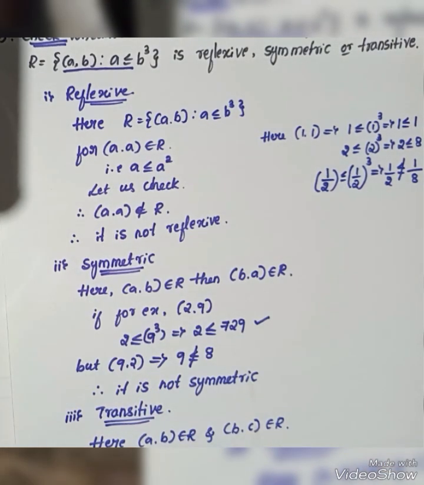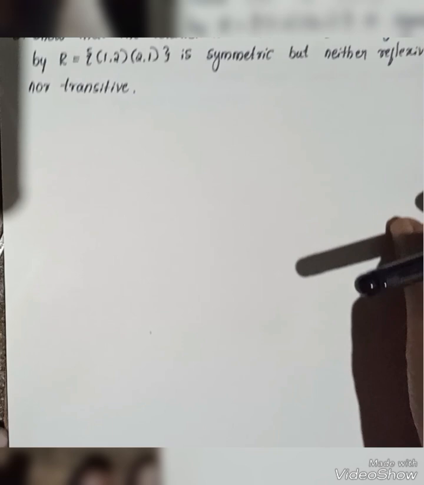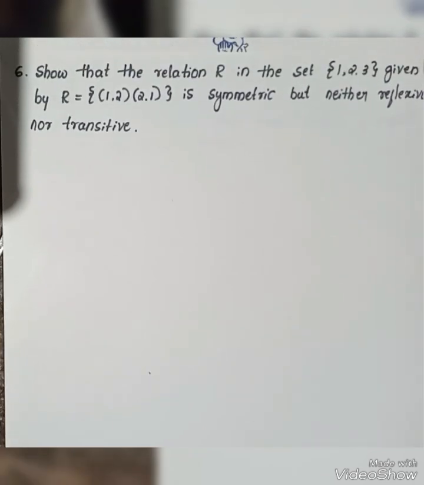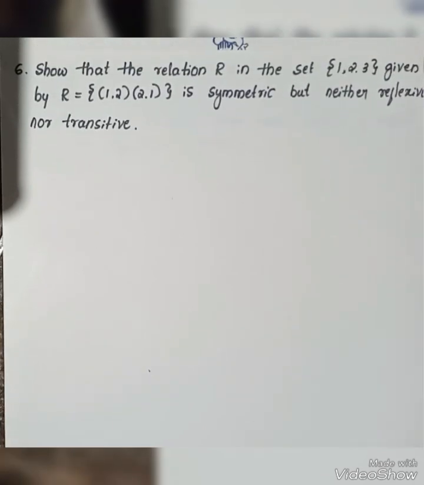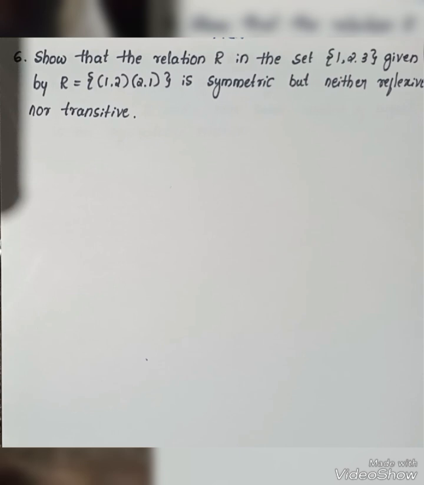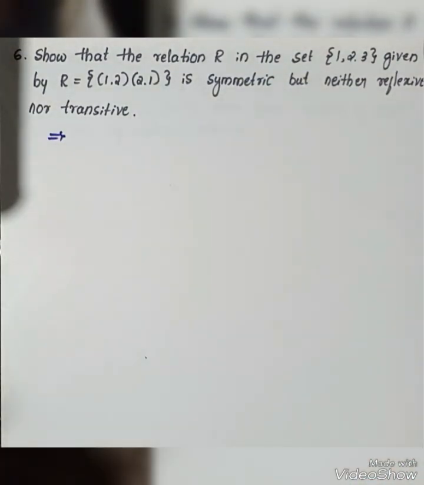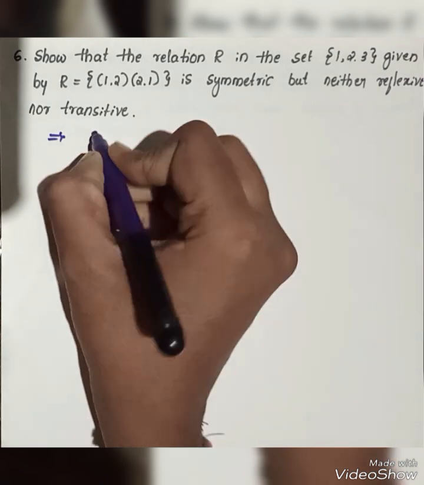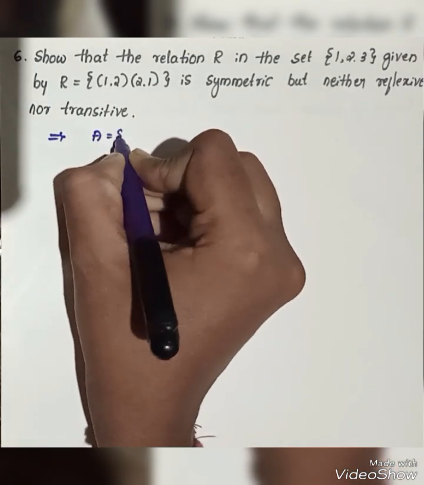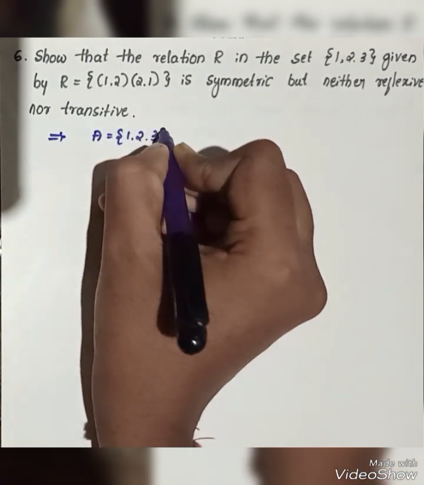Next one is the smallest one and the last question for this session. Show that the relation R in the set {1, 2, 3} given by R = {(1, 2), (2, 1)} is symmetric but neither reflexive nor transitive. While seeing an example, simply we say that A is equal to {1, 2, 3}.